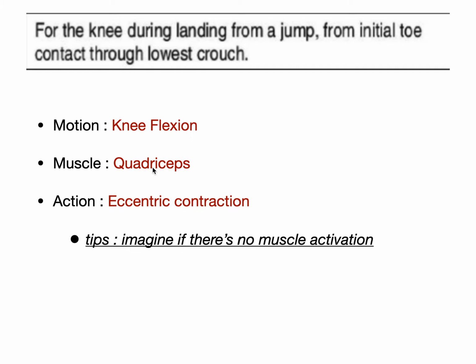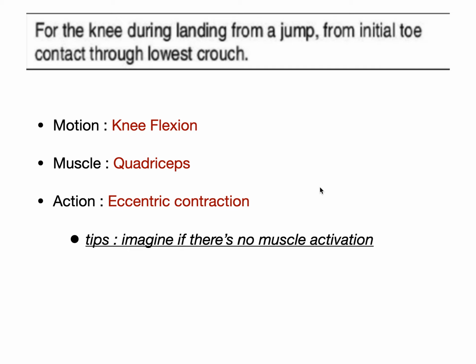And for the muscle, before we think about it, we can also use the same tip. Imagine there is no muscle around your knee. What will happen when you're doing the landing? You're going to fall quickly, right? You're going to slam your butt onto the floor. So we need a braking force. And the braking force on the knee joint is coming from the quadriceps and its eccentric contraction, right?